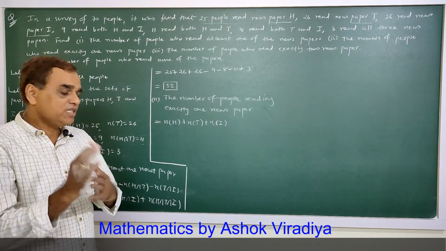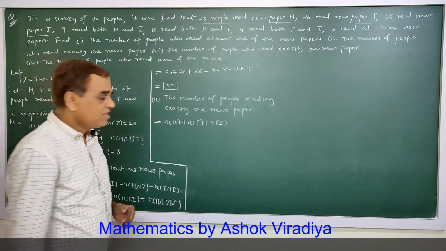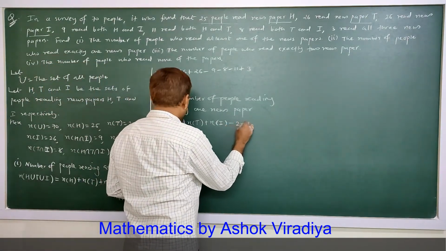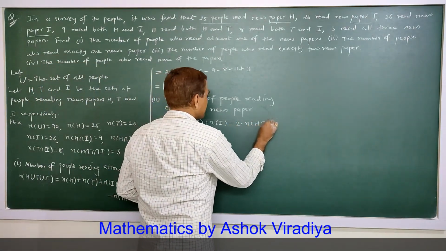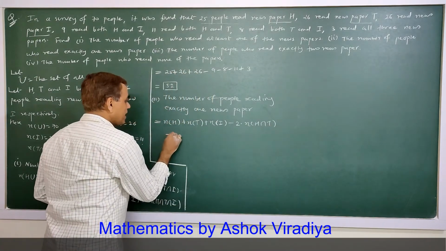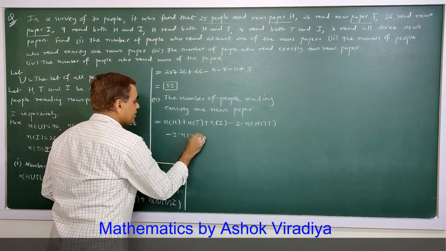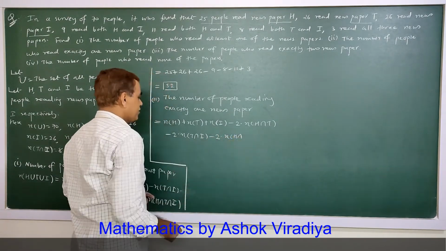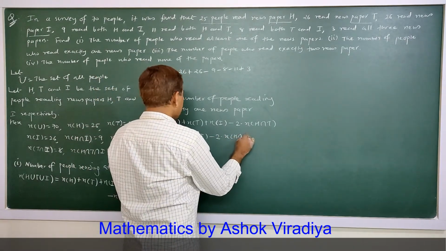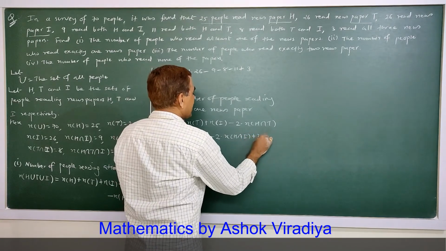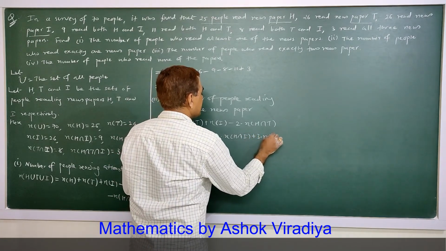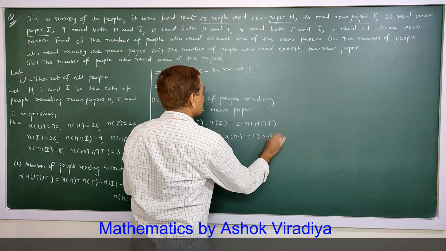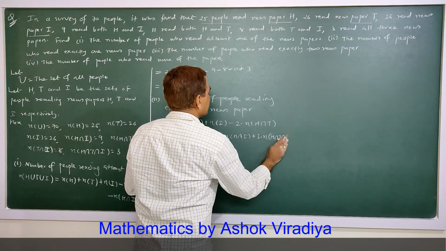Here instead of ABC we are using HTI, minus 2 times N of H intersection T minus 2 times N of T intersection I minus 2 times N of H intersection I plus 3 times N of H intersection T intersection I.